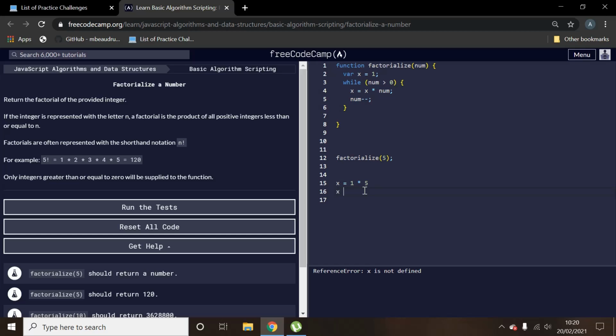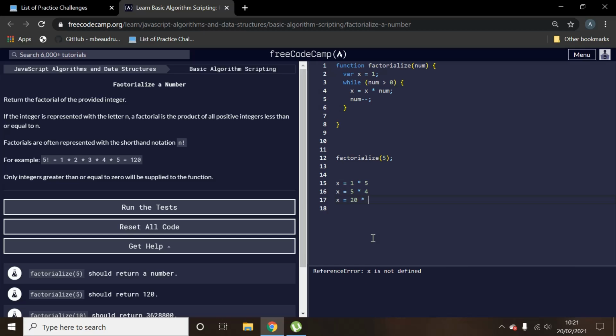Then x is equal to, what is the new value of x? 1 times 5 here, so it becomes 5. Multiply by the new value of num, which is 4, because of num minus minus. Okay, then the new value of x is equal to, what was the previous value of x? 5 multiplied by 4, it becomes 20.